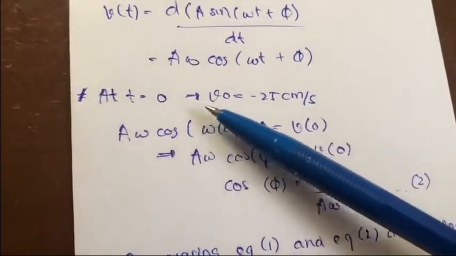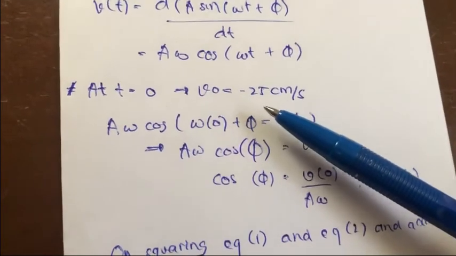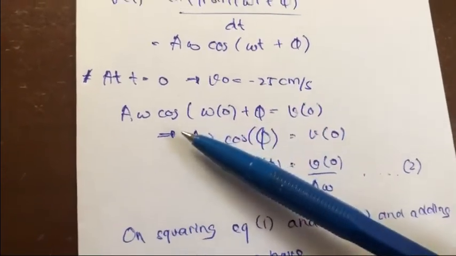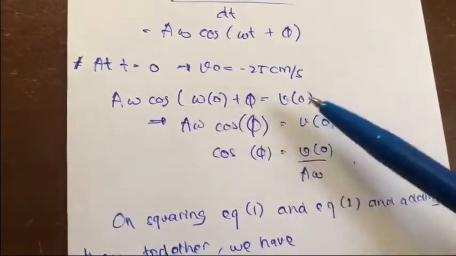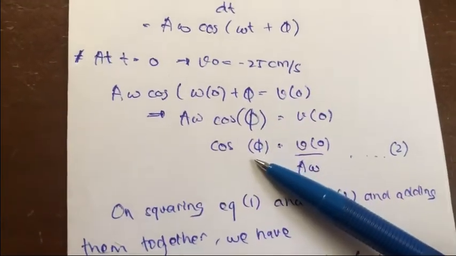At time 0, the velocity is minus 25 centimeter per second, and we continue to put this one, and we got the second equation.